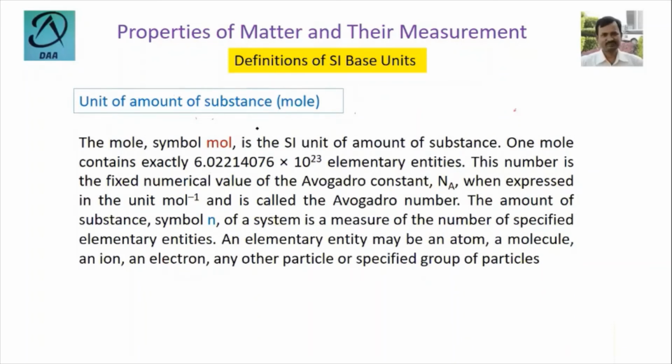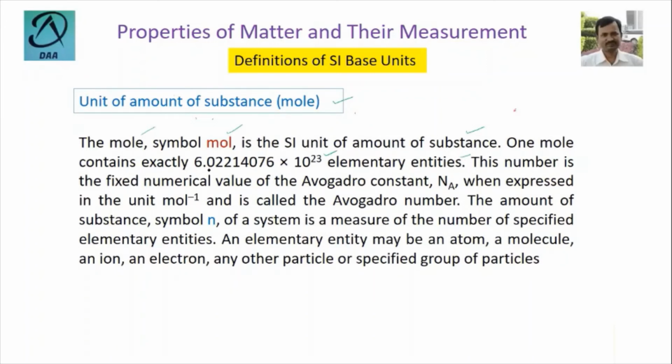Now, the unit of amount of substance is mole. The mole symbol is mol, small m, small o, small l, as per the SI system, to describe the amount of the substance. One mole contains exactly 6.02214076 multiplied by 10 to the power 23 elementary entities.